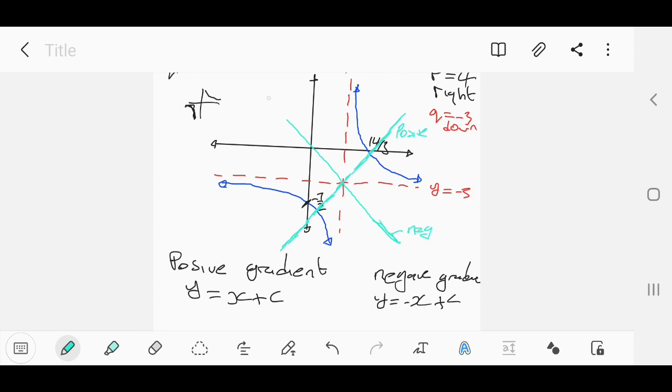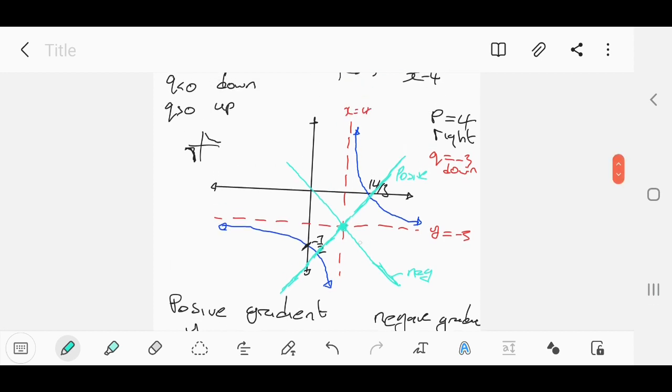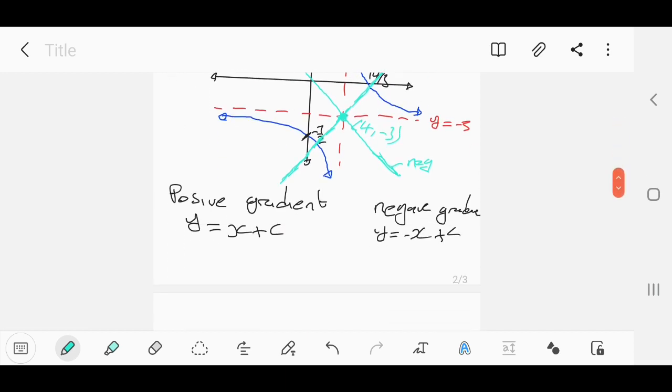Now this equation, how do you find it? The one with a positive gradient, we use this. Now the coordinate of the intersection here: the x coordinate of this intersection is 4, the y coordinate is minus 3. That's what we put on x and y to find c. So on x, I'm going to put 4. On y, I'm going to put minus 3, equals 4 plus c.